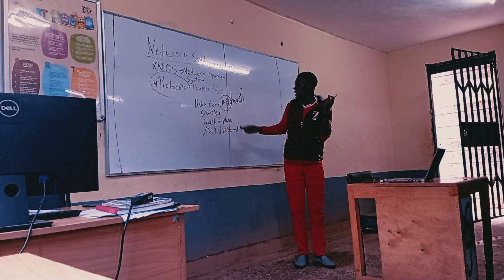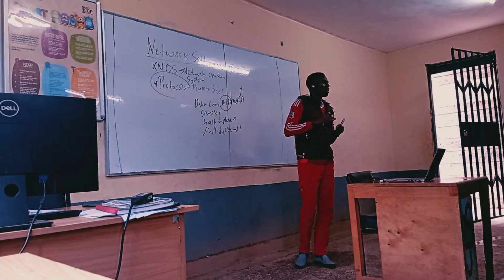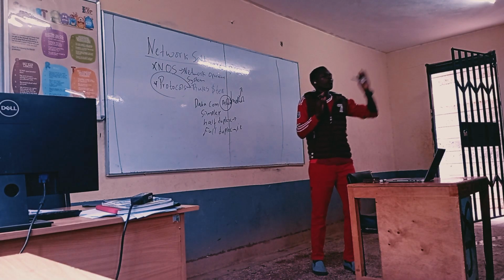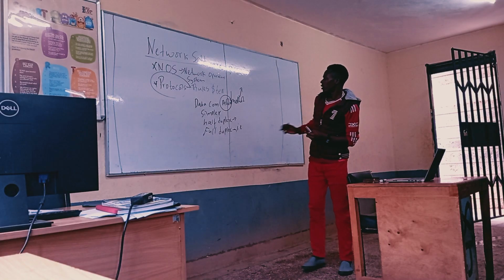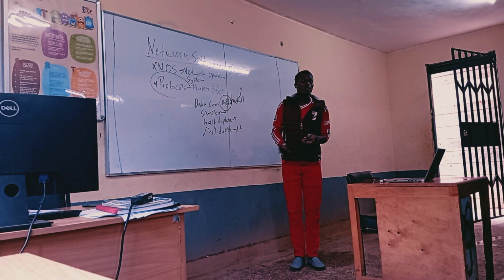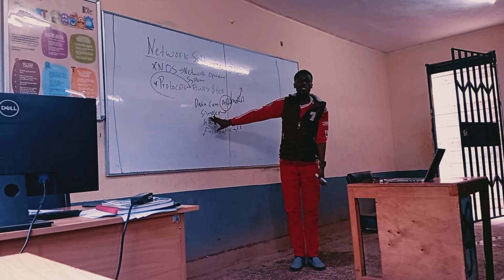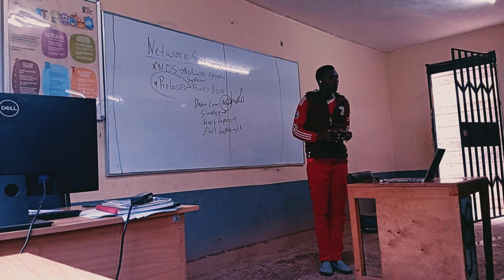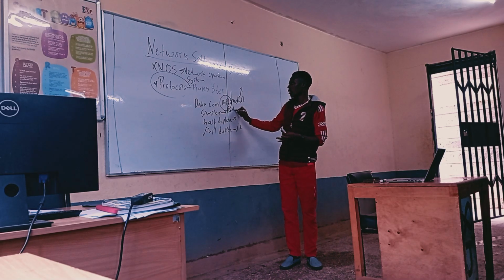Half duplex, we say this one is like a walkie-talkie, for police, where you are saying tango 1, tango 2, over. When you say over, the next person who is receiving the message can start talking to you. Then simplex, the current one. In simplex, only one device is allowed to send and never to receive, like a radio station.